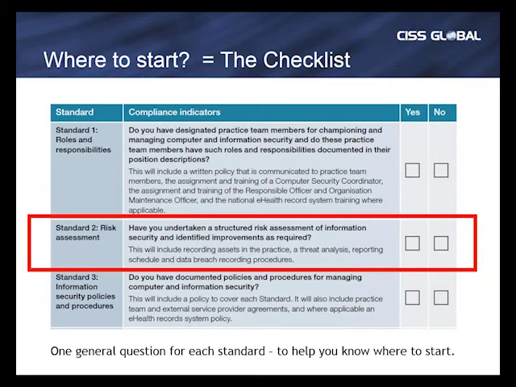This includes things, if you're engaging in the PCEHR, you will also have some other roles that people have, such as the responsible officer and an organisation maintenance officer, that are required by the legislation or the agreement that you've signed with the government in terms of using the PCEHR. So this is what the first one actually covers.